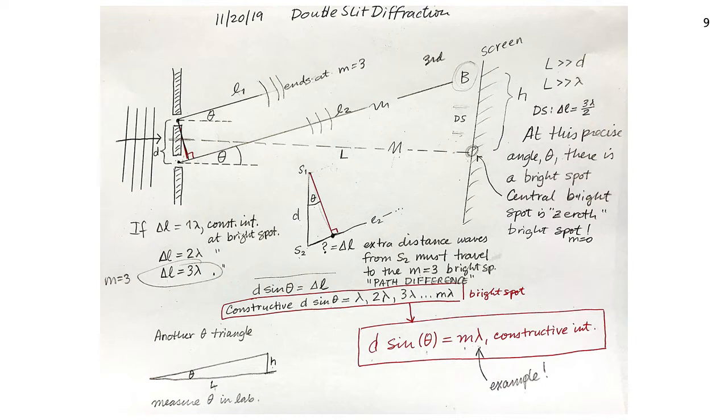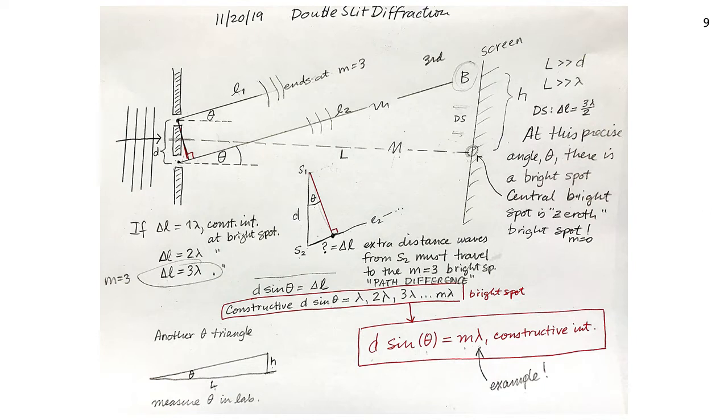Let's label that D. Right? And so that could be, you know, like 500 lines per millimeter, like in our diffraction grating, although our diffraction grating has a lot of different openings, not just two. But, you know, you design this. This is your design factor.